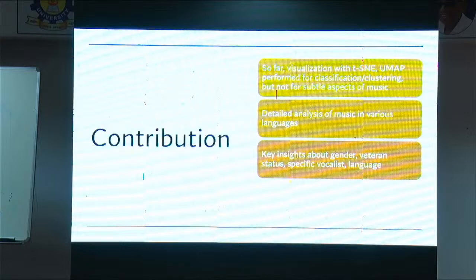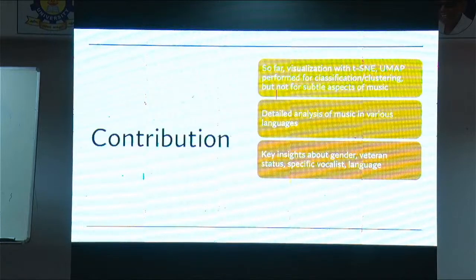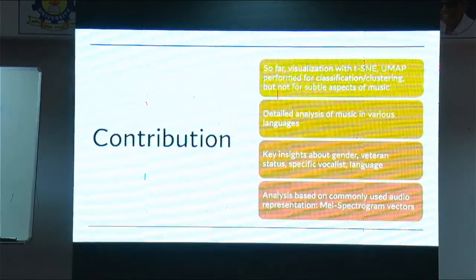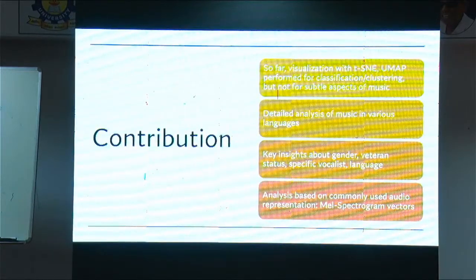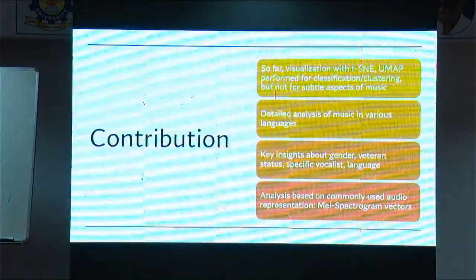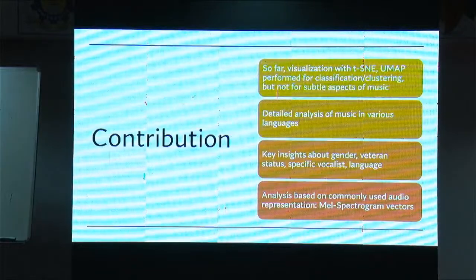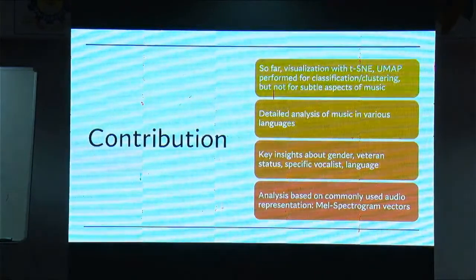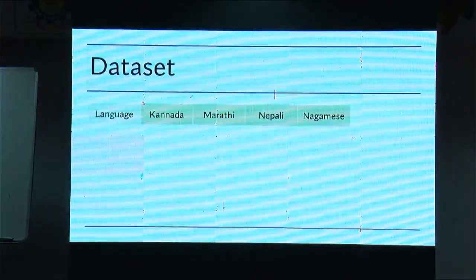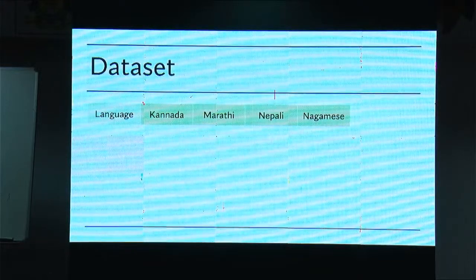And then we also performed a detailed analysis of music in various languages. And we gathered key insights about gender, veteran status, specific vocalist and language from the data represented. And the analysis is based on commonly used audio representation, which is MEL spectrogram vectors. The data set we use is publicly available.